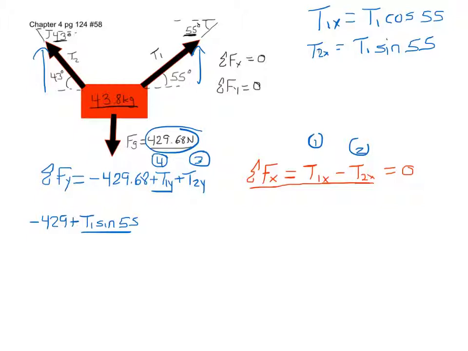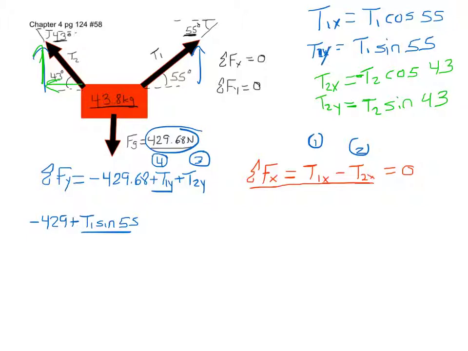Oops, sorry, this should be T1x and T1y, and then we can actually find out T2y, and then we say T2x is equal to T2 cosine of 43, and we gotta make sure to put in a little negative there because it's pointing this way. And T2y is going to equal T2 sine of 43, and that's going to be positive because it's pointing up.